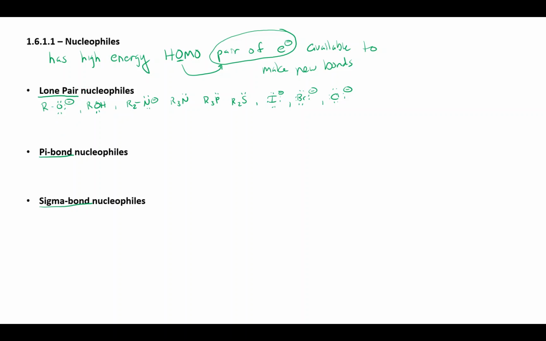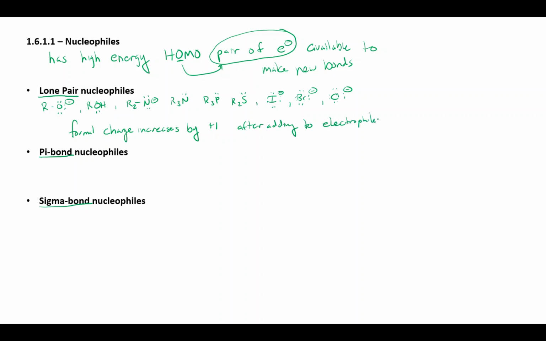When these lone pair nucleophiles share their electrons with an electrophile, right, we end up with an increase in formal charge, right? So formal charge increases by +1 after adding to the electrophile, right?